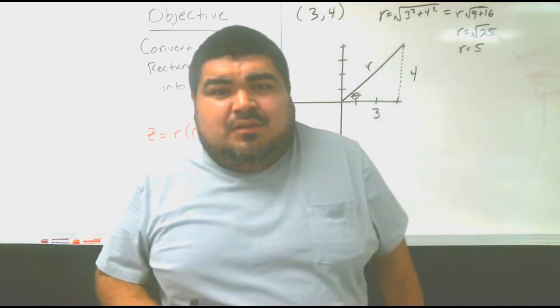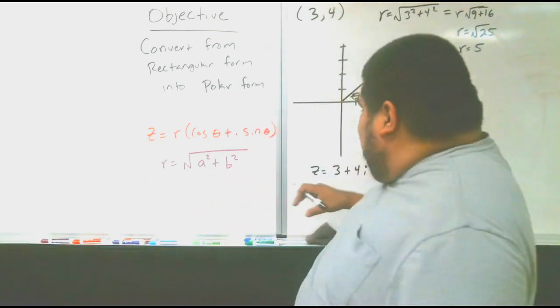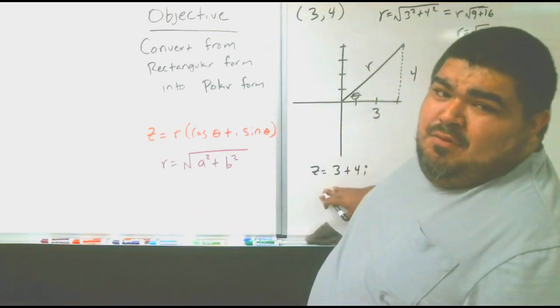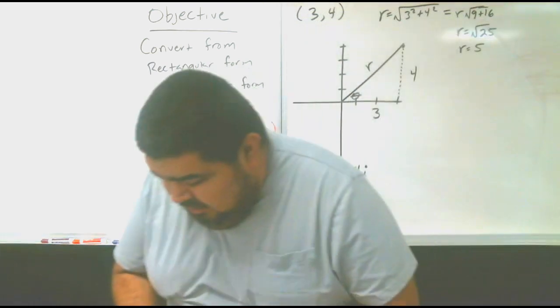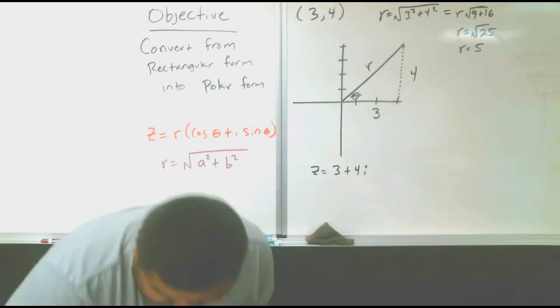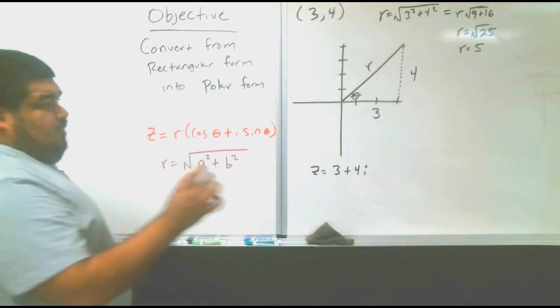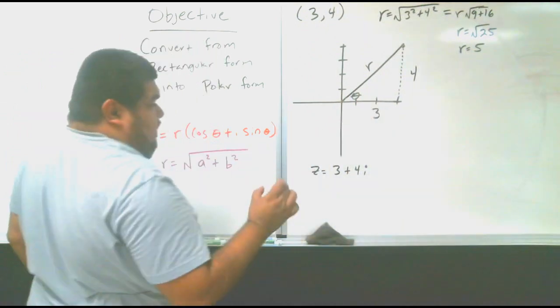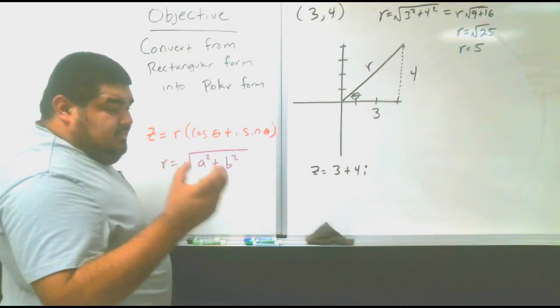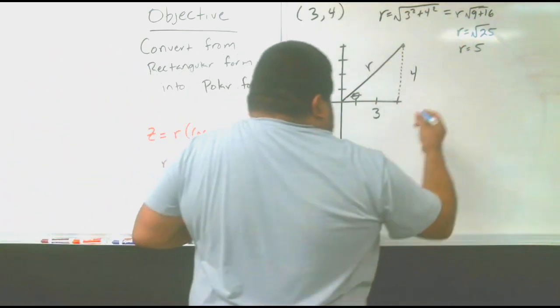Now that we have our r and we have our point in rectangular form, all we have to do is solve for this angle here, whatever theta is. We're going to use tangent.